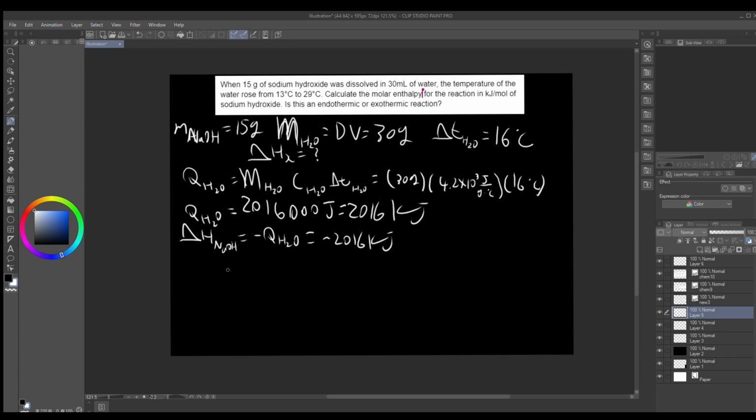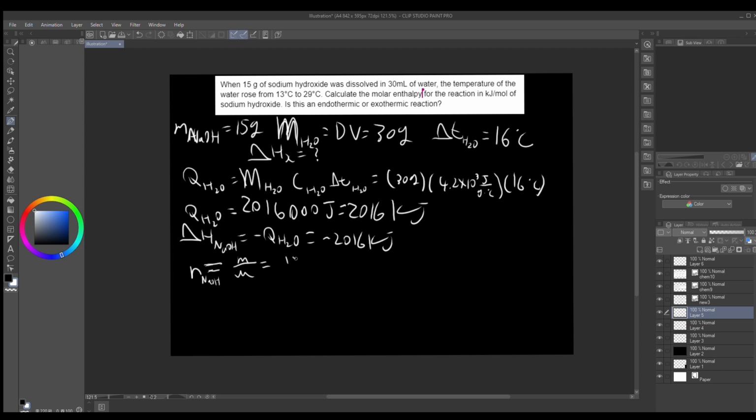Our next step is to find the moles of NaOH. Since we're given the mass of NaOH and we can find the molar mass, finding the moles should be easy. The moles of NaOH is mass of NaOH divided by molar mass of NaOH.